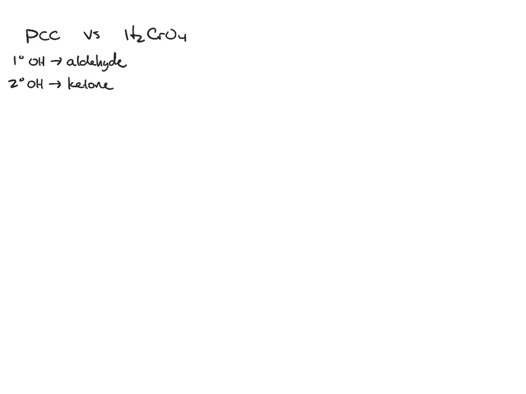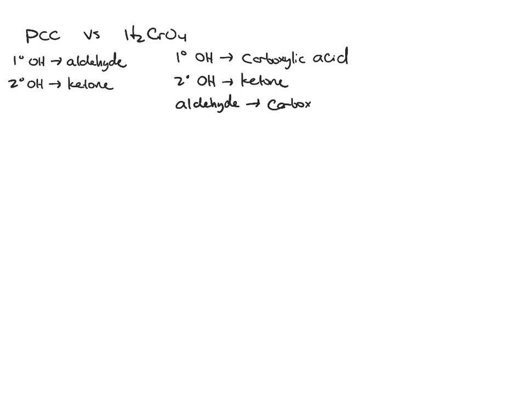Chromic acid is more harsh. It'll take a primary alcohol to a carboxylic acid, a secondary alcohol to a ketone, or an aldehyde to a carboxylic acid.